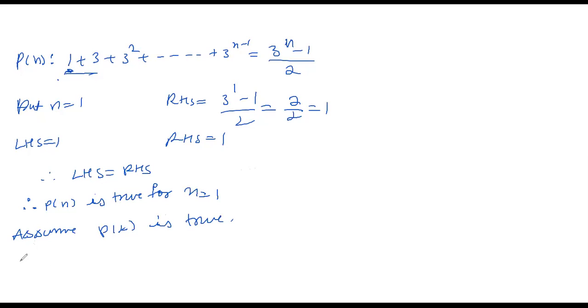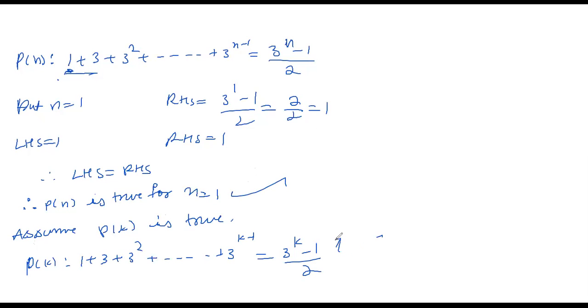Assuming P of k is true means, what is P of k? 1 plus 3 square, so on, 3 power k minus 1 is equal to 3 power k minus 1 by 2. Till here if you do, you get 2 marks, 1 mark for this, 1 mark for this. I changed instead of n, I'm putting k. That's all. Take it as equation 1. Till here finished. I'll move to the next type.